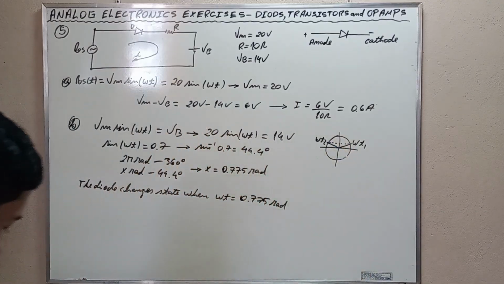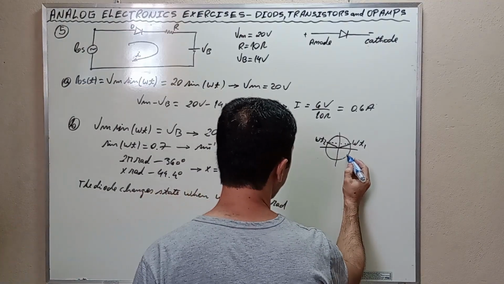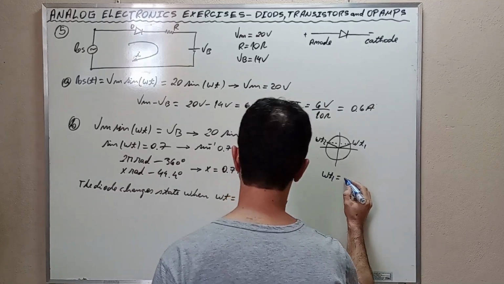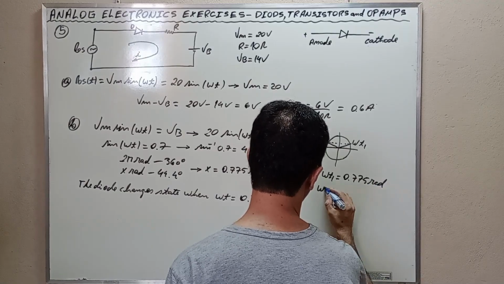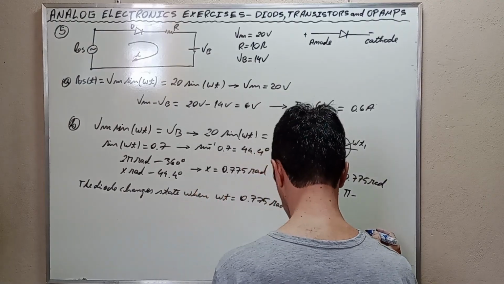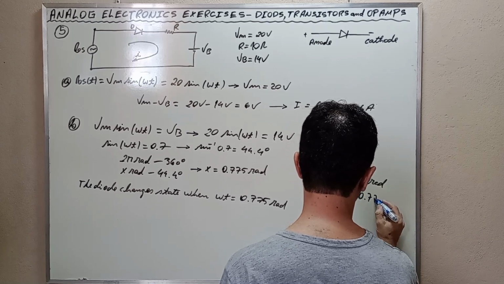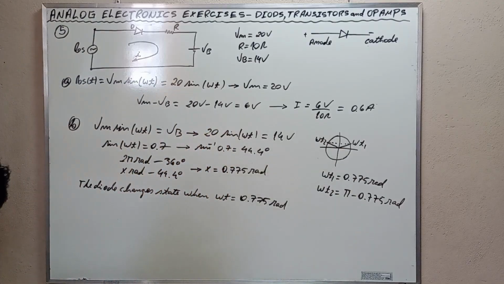Okay, Wt1 is equal to 0.775 radians, and Wt2 is equal to pi minus 0.775 radians. All right, my friends, these are the angles that we are working with, the angles in which the diode changes state.